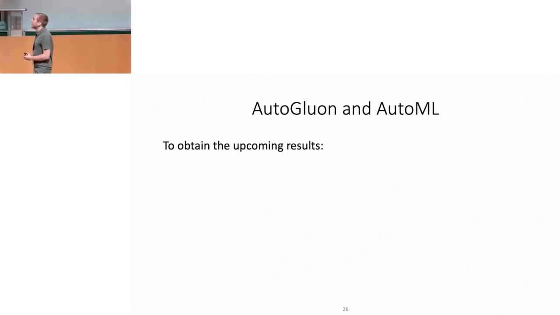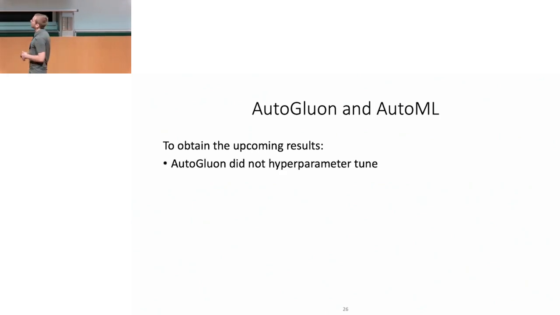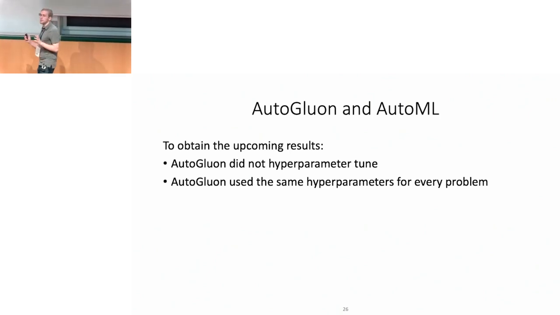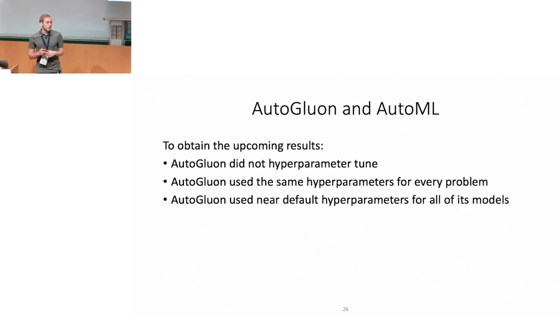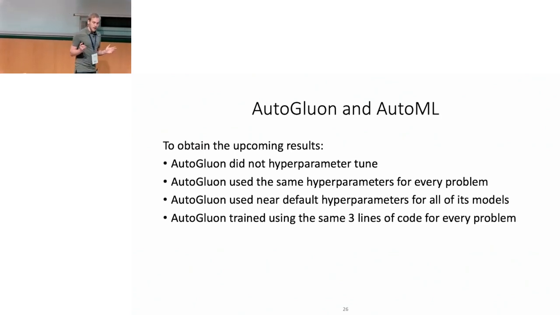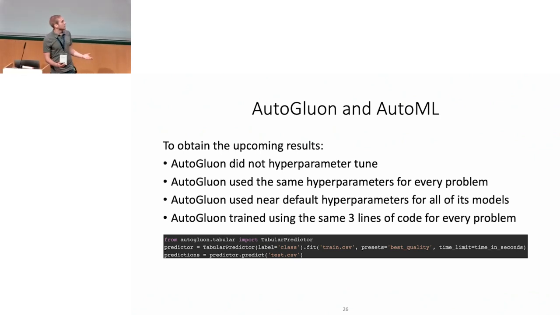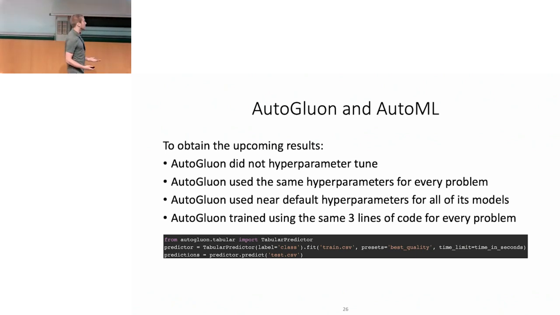Okay. So to obtain the upcoming results, we did not hyperparameter tune. We, in fact, used the same hyperparameters for every problem. We used the near factory default hyperparameters for all models. And we trained using the same 3 lines of code for every problem. So from AutoGluon.tabular, import tabular predictor. Predictor equals tabular predictor. Specify the label column you want to predict with.